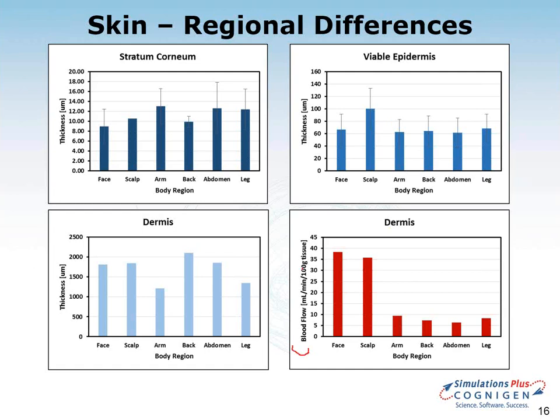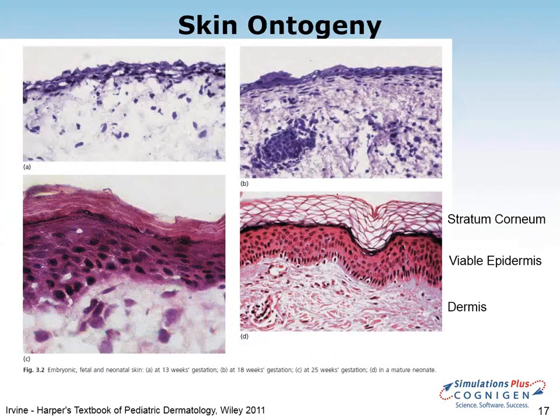So again, depending on where the drug is being applied, the blood flow will be creating a different sink, and will be getting the drug into the systemic circulation at different rates. We also tried to account for the skin ontogeny, for the development of the skin, which becomes a major factor, especially in the neonates and infants, and especially if you are dealing with premature neonates where the structure is not formed well.